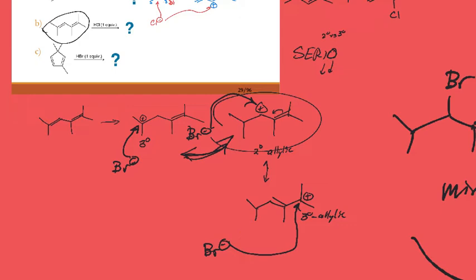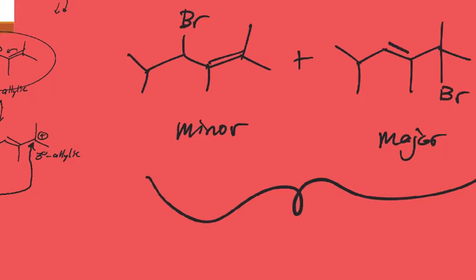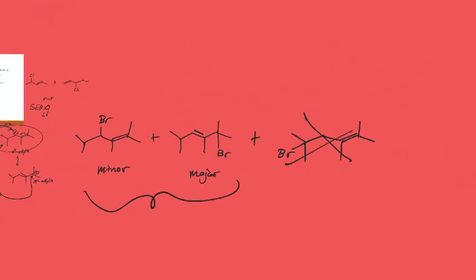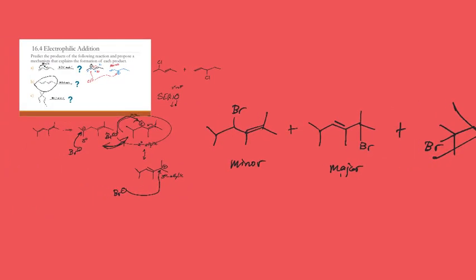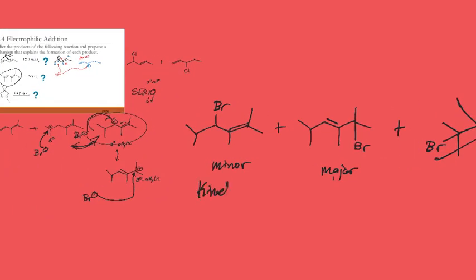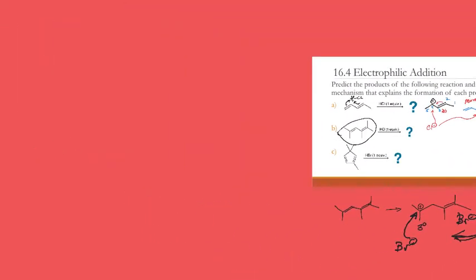Kinetically, it should also be formed more quickly. So you'd form that one. So you actually, now that I'm thinking about it in more detail, it's going to be just the two. Whereas this would be the kinetic, because it forms first because there's no rearrangement or anything, and then this would be the thermodynamic product.